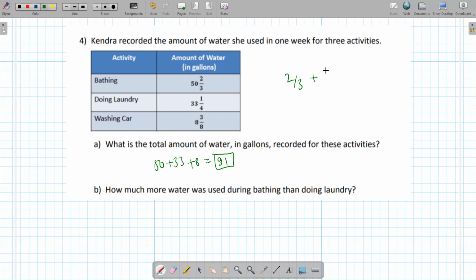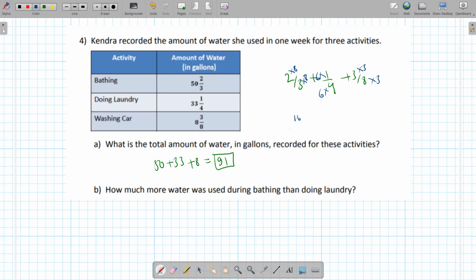2 over 3 plus 1 over 4 plus 3 over 8. What's the common denominator between 3, 4, and 8? 24. Yes, it is 24. So we multiply this by 8, this by 6, and this by 3.